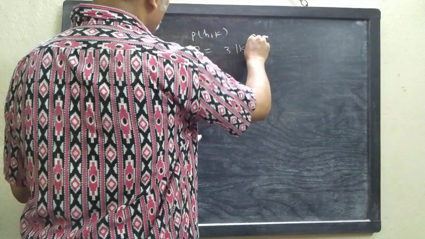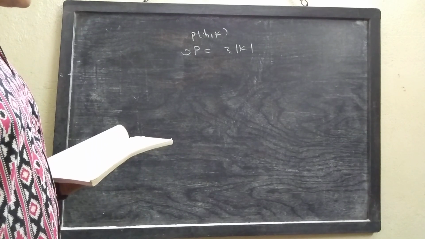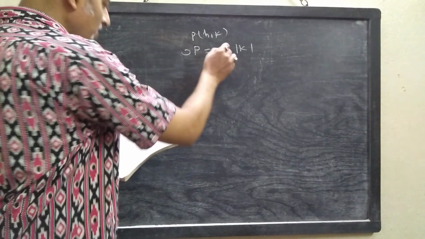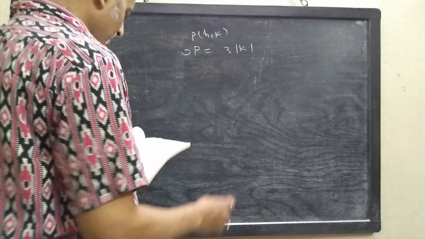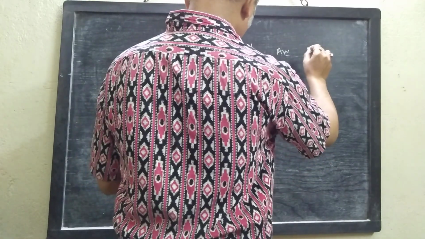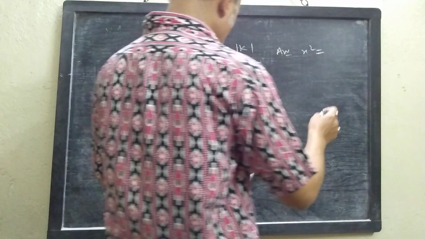Again mod k, because when P(h, k) is the point, its distance from the x-axis will be mod k and its distance from the y-axis will be mod h. Now simplify this, you will get the equation in this form. Answer will be x square equals 8y square.